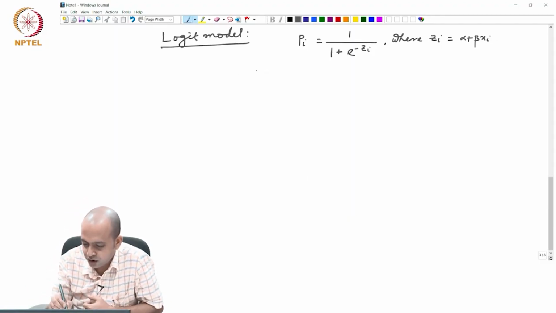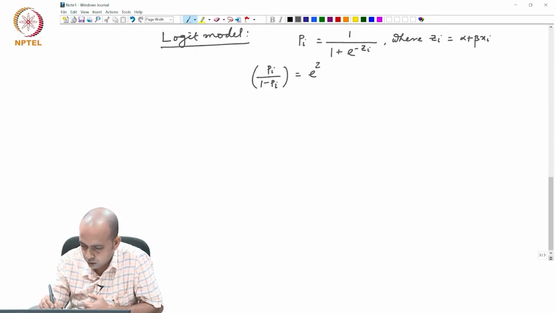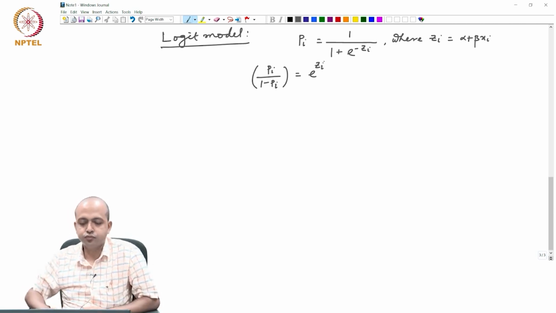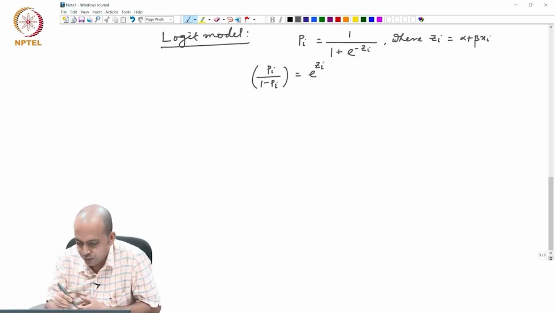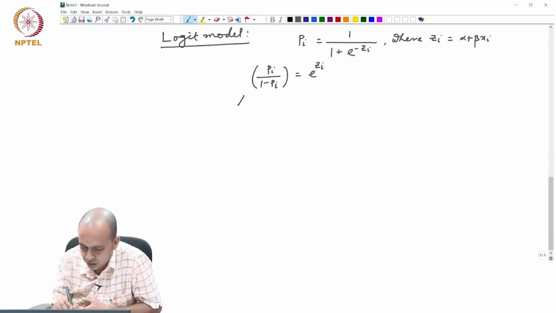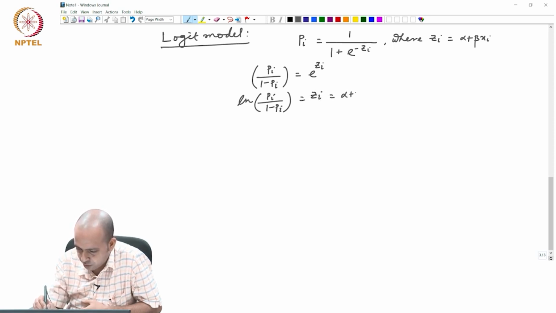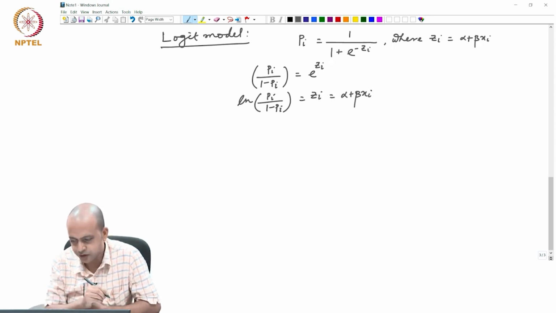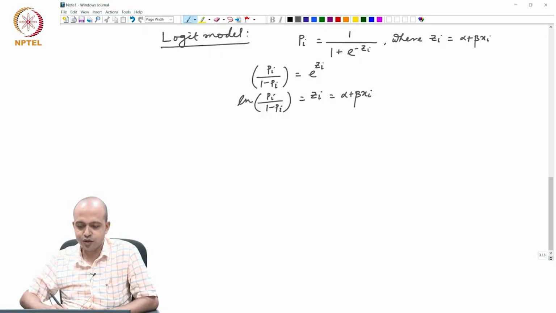If you take pi by 1 minus pi, that would become e to the power zi, and then if you take log of this, log of pi by 1 minus pi equals zi equals alpha plus beta xi.